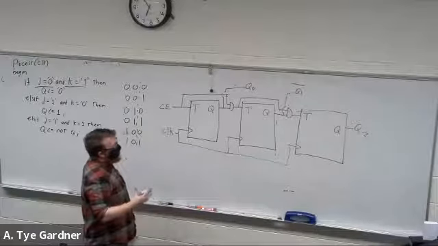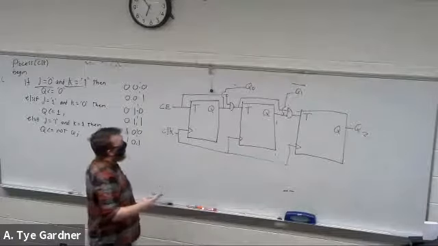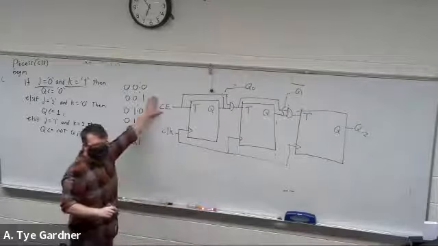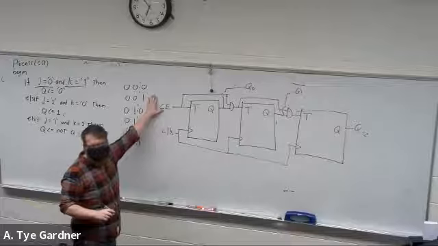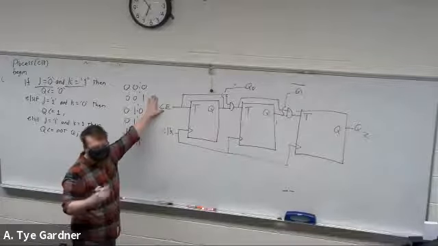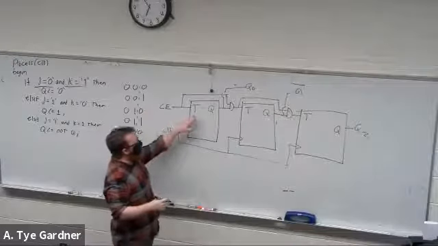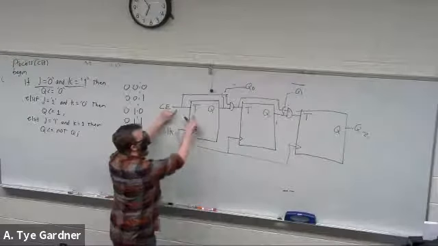And so what this is going to do for us is, let's just assume I'm enabled. I am counting, right? That's all the clock enable is doing for us, is saying that we do want to count.